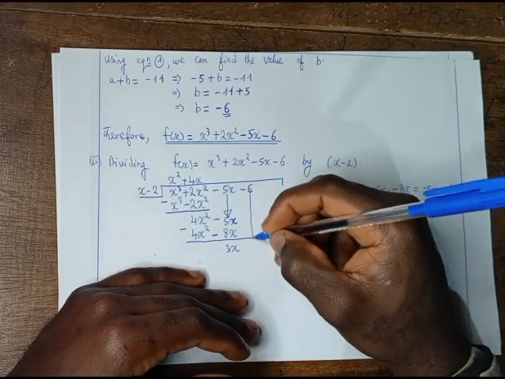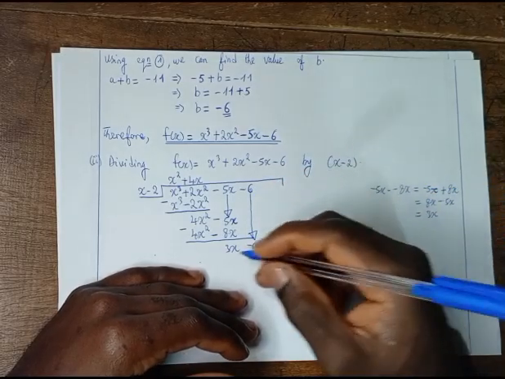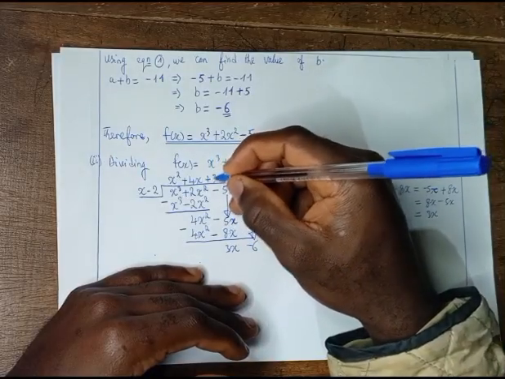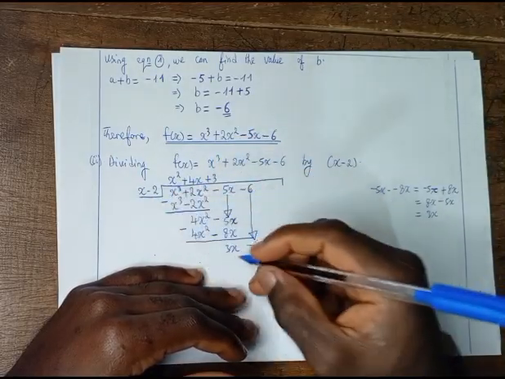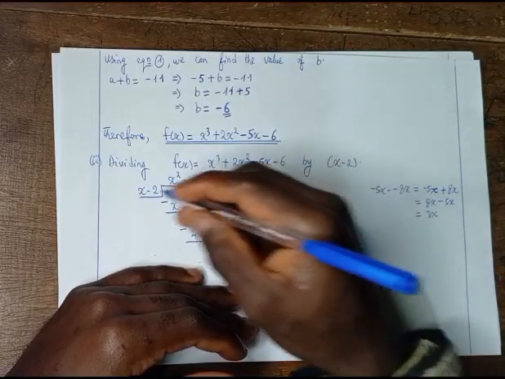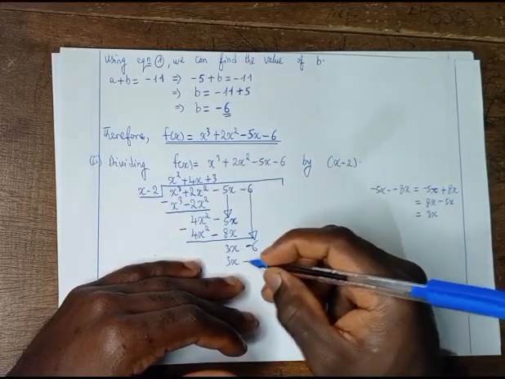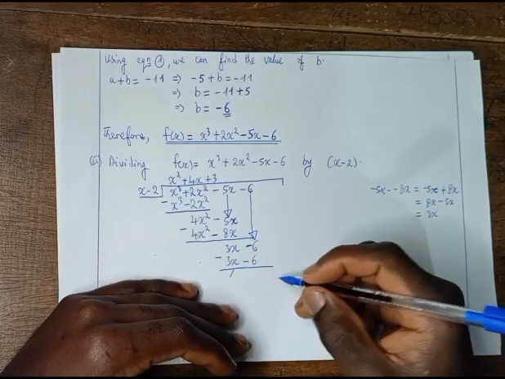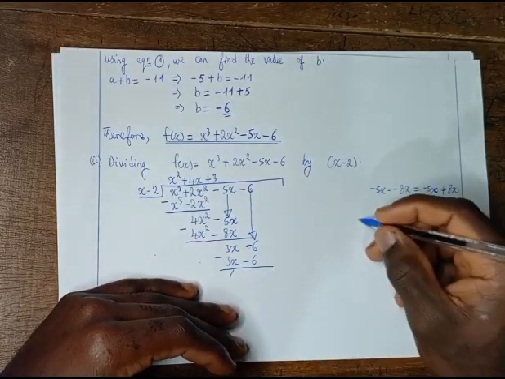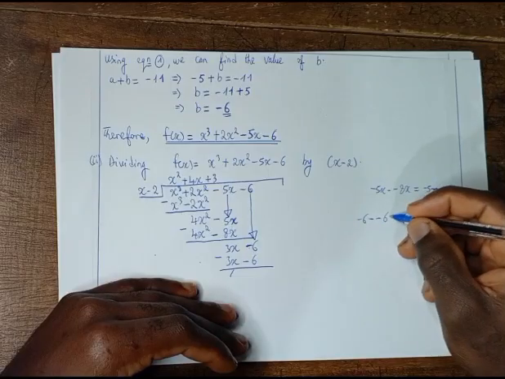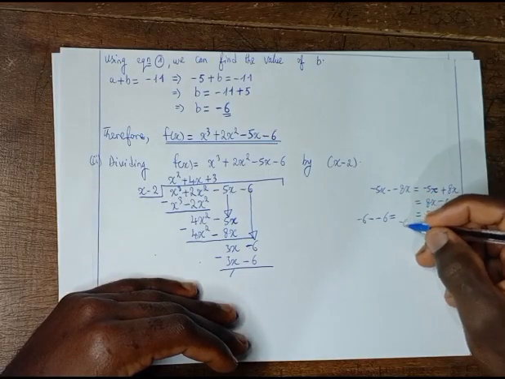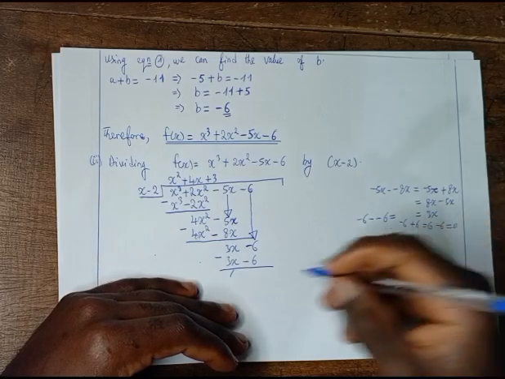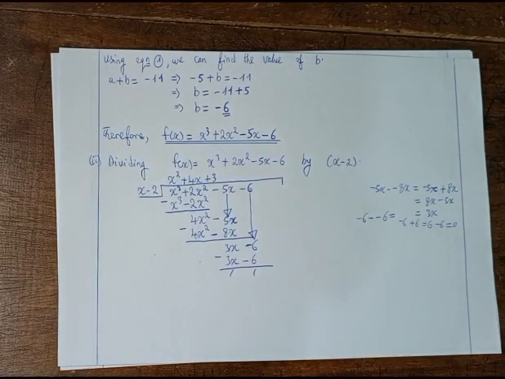Bring down negative 6. 3x divided by x will give us 3. 3 times x gives us 3x. 3 times negative 2 gives us negative 6. Next, we subtract. 3x minus 3x gives 0. Negative 6 minus negative 6 will simply be the same as negative 6 plus 6, which is the same as 6 minus 6, which is 0.